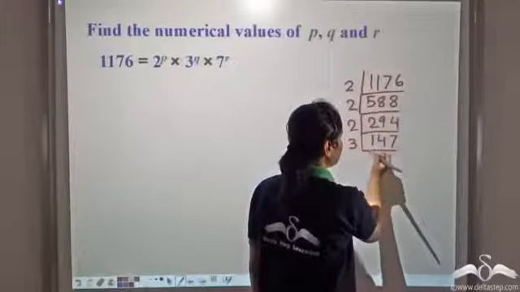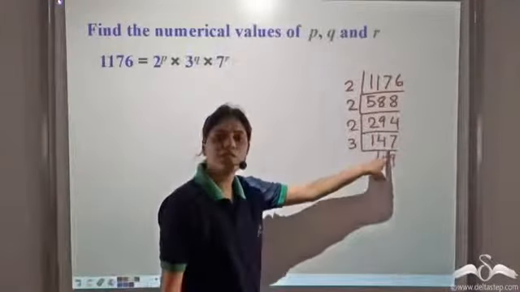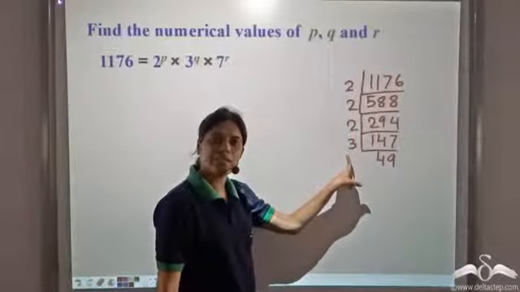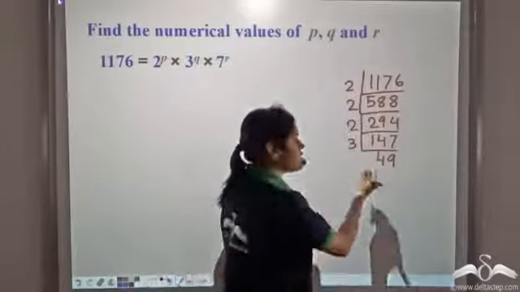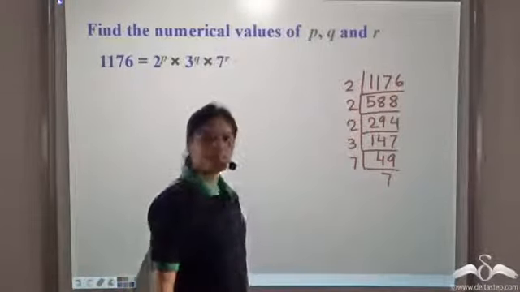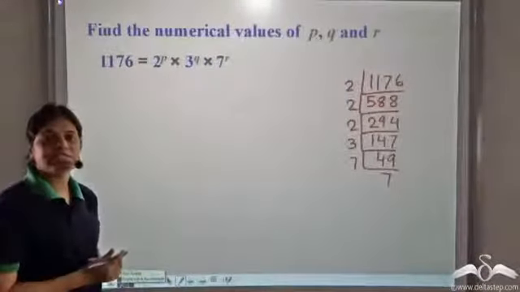So 3 into 49 is 147. Now 49 is not divisible by 3. 49 is divisible by 7. It is 7 into 7. So we have prime factorized 1176.